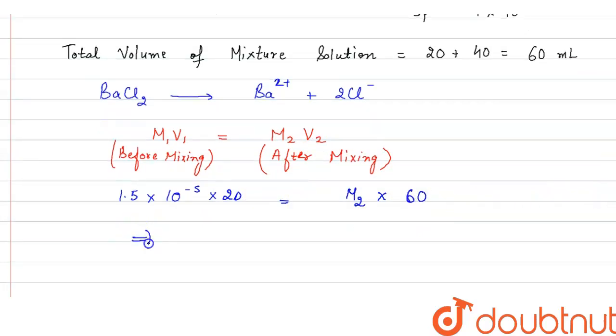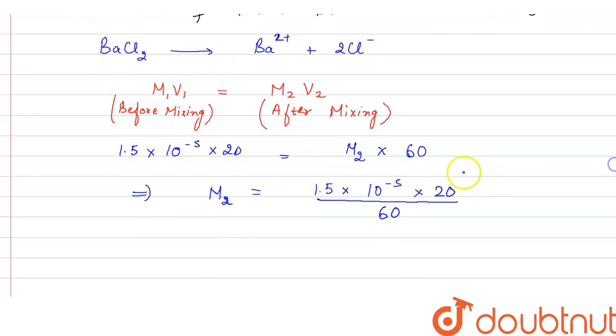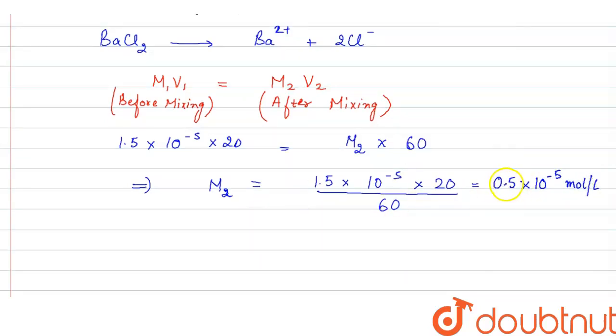So from here M2 will be equal to 1.5 into 10 raised to the power minus 5 into 20 divided by 60, right? And when we calculate this, it comes out to be 0.5 into 10 raised to the power minus 5 mole per liter. So this is the molarity of barium chloride after mixing.